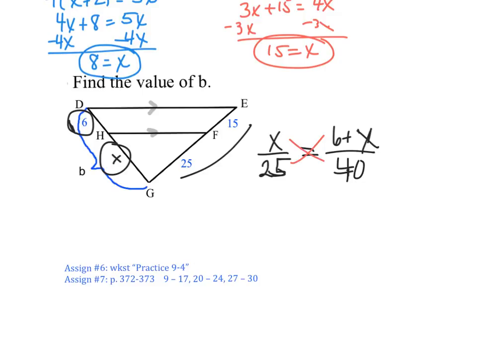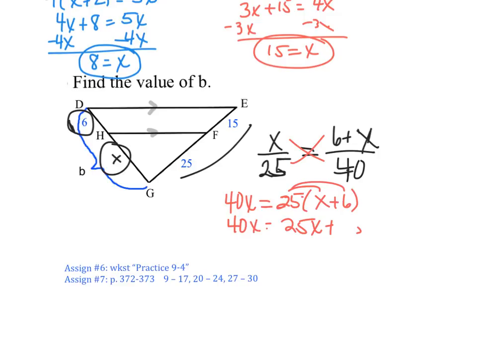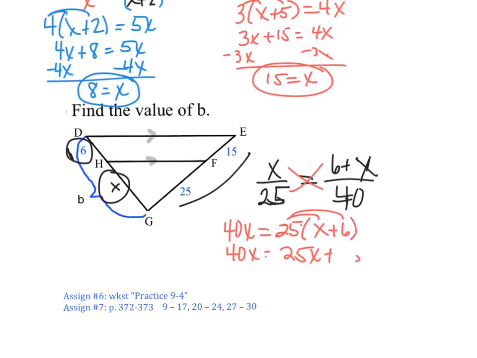All right, working with my cross products here, so 40x is equal to 25 times the quantity x plus 6, or 6 plus x. Let's fix that 5 here. So this is 25. So 40x equals, let's distribute here, 25x plus 150.